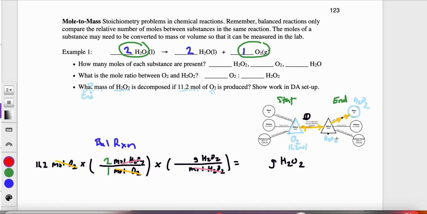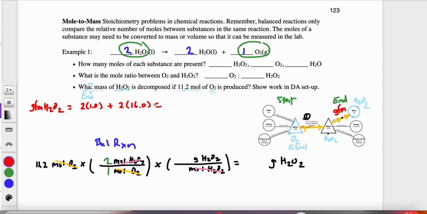So notice this time the identity of the substance is staying the same. So now we're back to what we did before. It's a matter of the GFM. So I need to calculate the GFM of H2O2. So I have 2 hydrogens, each one contributes a mass of 1, plus 2 oxygens, each one contributes a mass of 16.0.